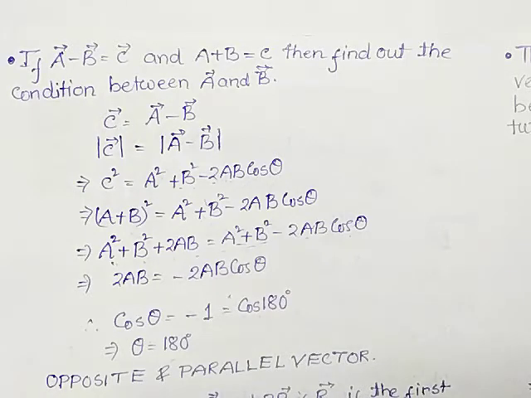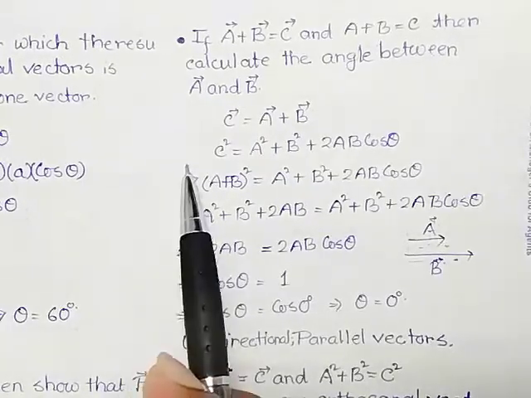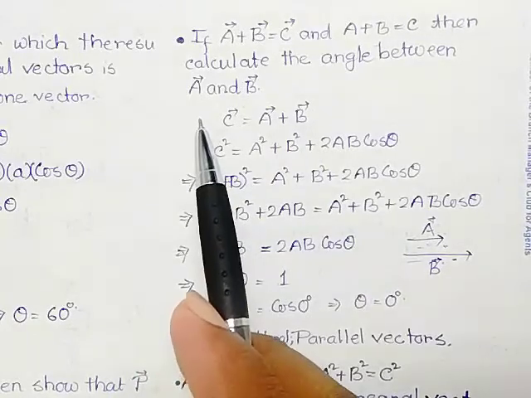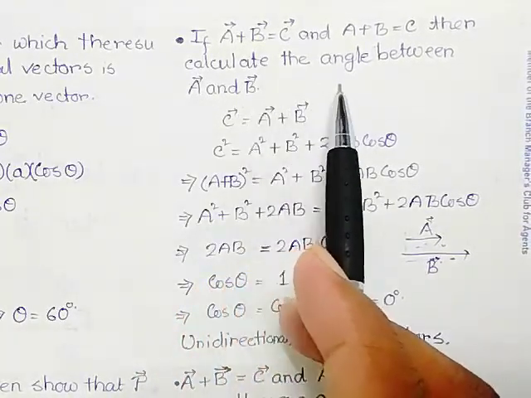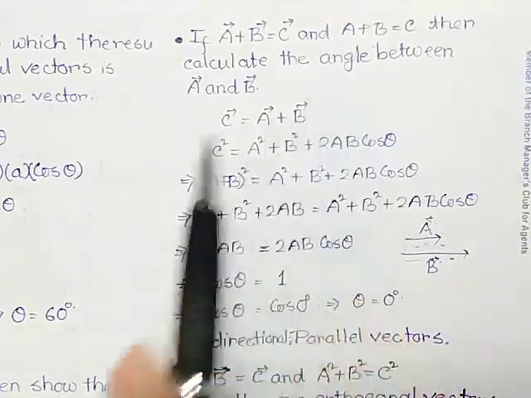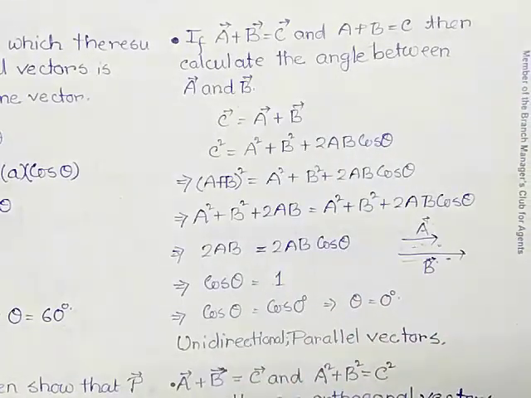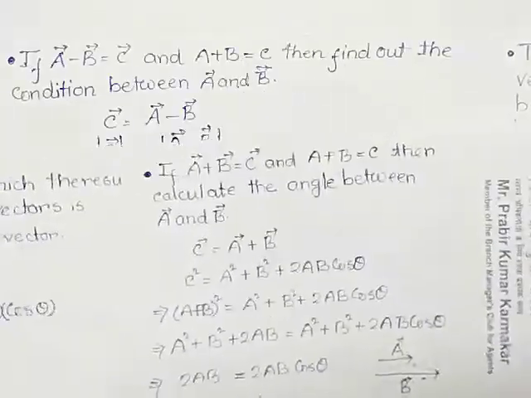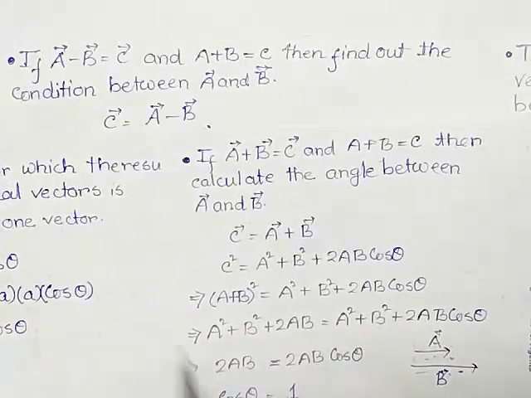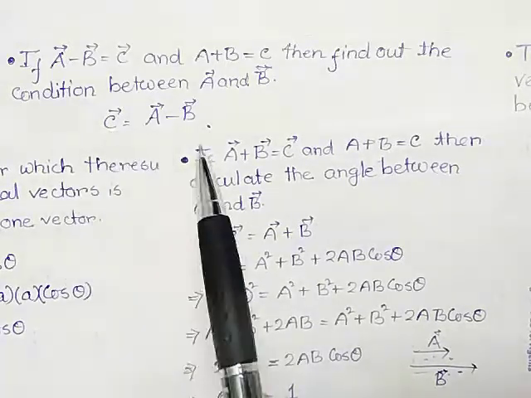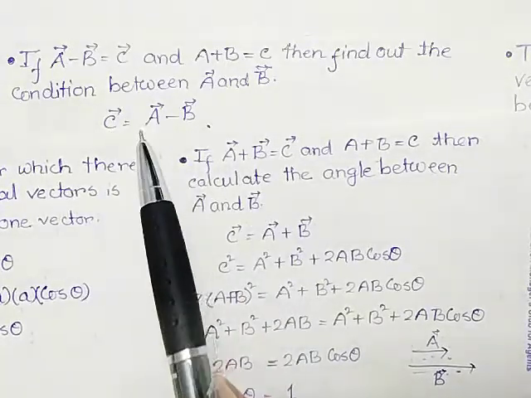Just look at the example that we have done previously. Here a vector plus b vector equal to c vector, here a plus b equal to c. There is only one thing changed, and the change is this, a plus b equal to c and a minus b equal to c.